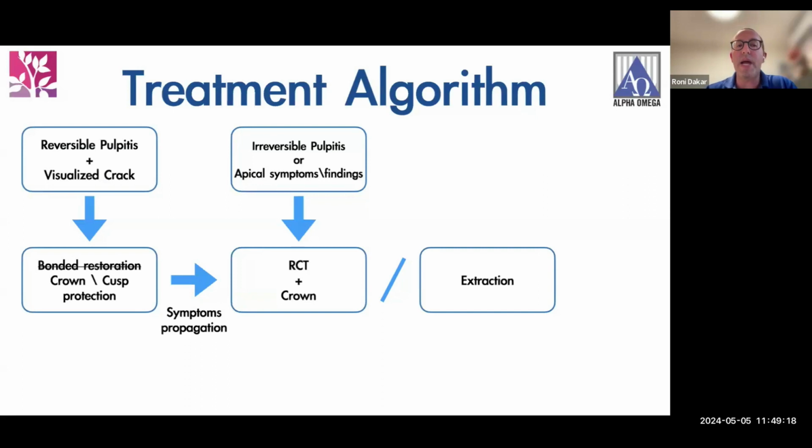And even then, sometimes there are areas that are not clearly visible, and if the crack crosses the floor of the pulp chamber, or reaches and enters one of the roots, it is generally accepted that such a tooth is a tooth for extraction.